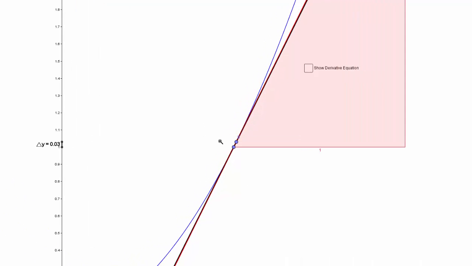It hasn't approached its limiting value, so I haven't moved them close enough together yet. But I'm very close.